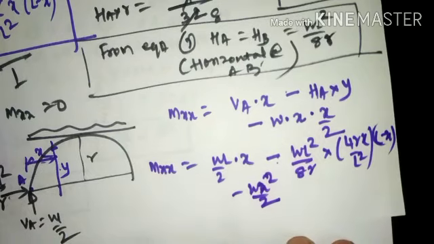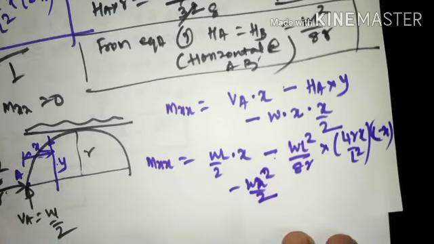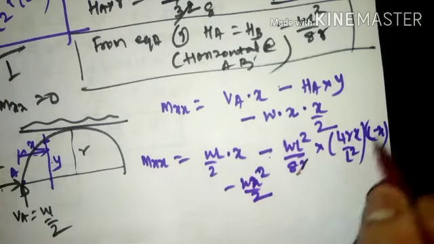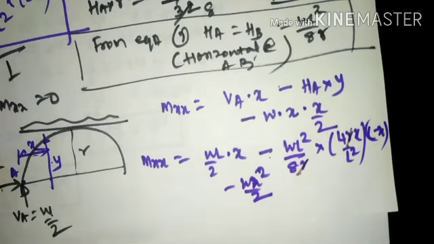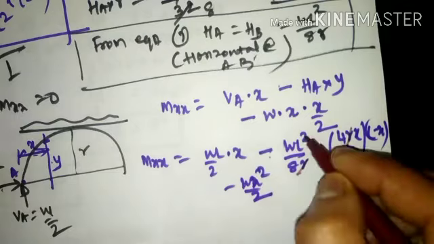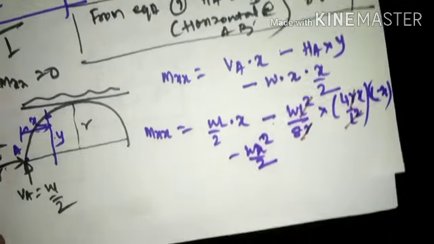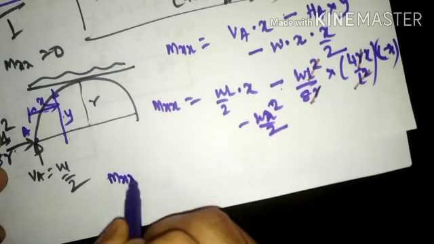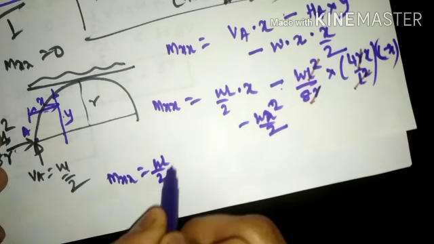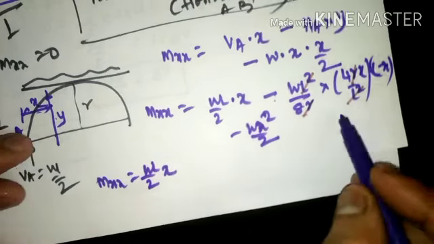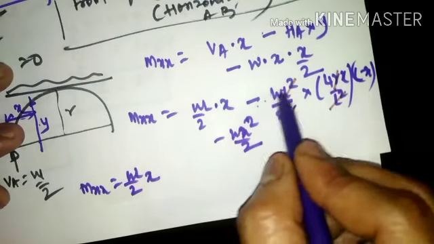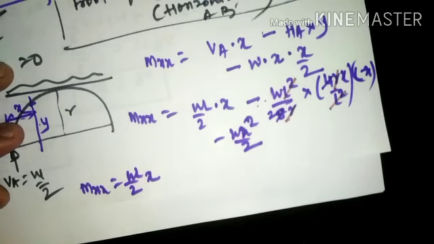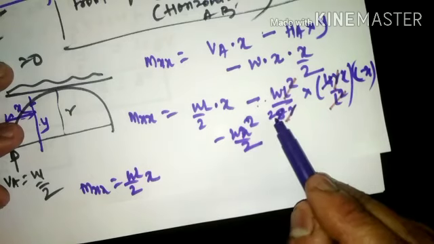Now once we substitute this and reframe the equation, we can find that R in the denominator and R in the numerator get cancelled, and L square in the denominator and L square in the numerator get cancelled. As a result, the M x equation shall be WL by 2 into x, and on the right hand side, for the first term when it is multiplied, 4 ones are 4, 4 twos are 8, so 4 in the numerator and 8 in the denominator.